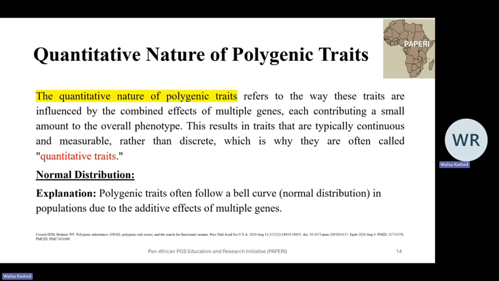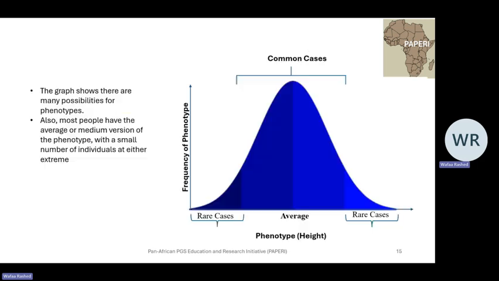These result in traits that are typically continuous and measurable. They are not discrete. That's why they are often called quantitative traits and can be represented as a normal distribution, bell shape, as I will show you. So polygenic traits often follow a bell curve, a normal distribution in the population, due to the additive effect of multiple genes.